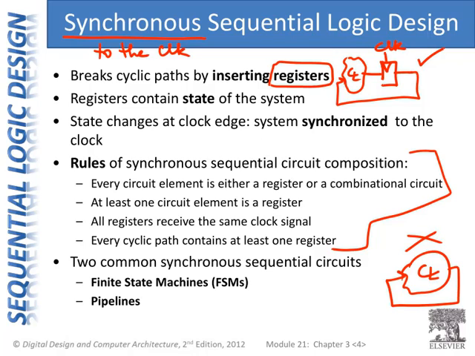And the last one is the one we started with: every cyclic path contains at least one register. So the two most common synchronous sequential circuits are finite state machines, or FSMs for short, and pipelines. We're going to talk about FSMs in this class, and you'll talk about pipelines in later classes like CpE 200, 300, and 404.